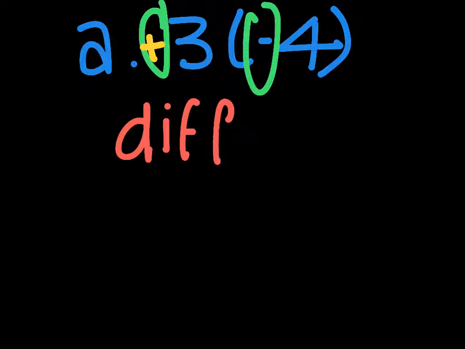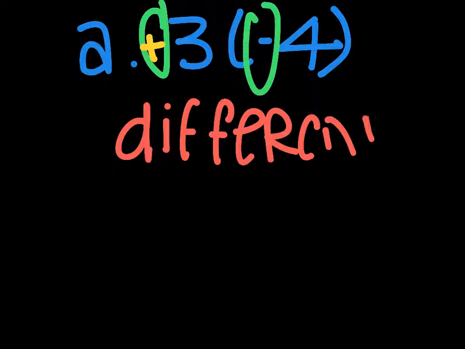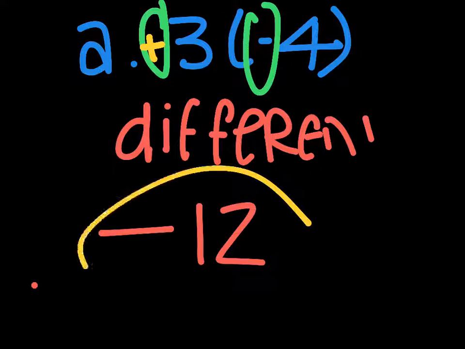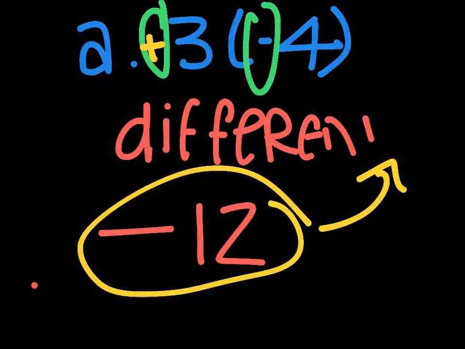So that means that the answer is going to be what? That's right. The answer is going to be negative, okay? So knowing from our knowledge of multiplication tables, 4 times 3 is 12, but it's not positive 12, it's negative 12 because our signs were different, okay?